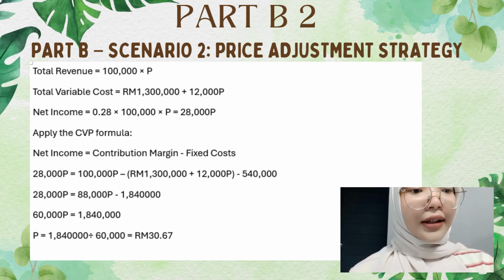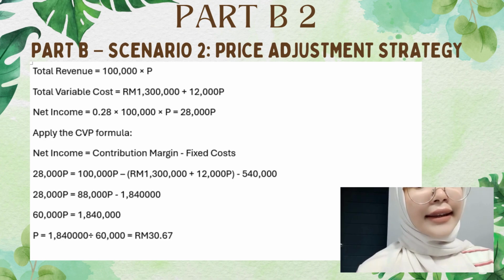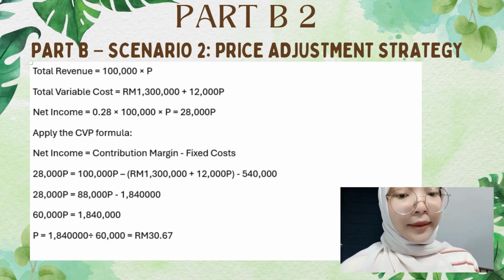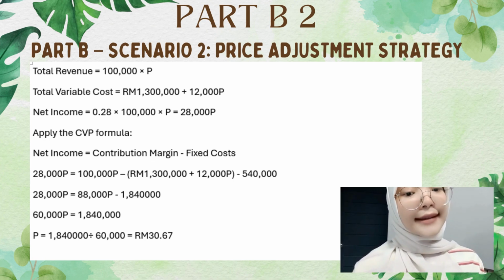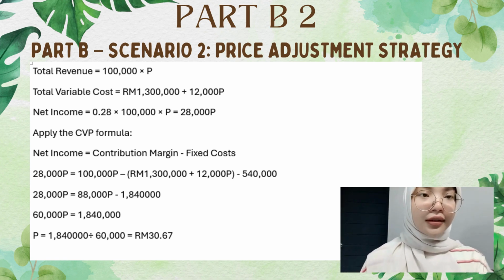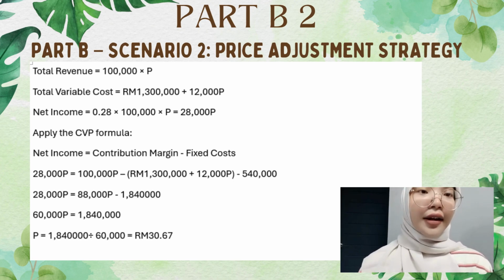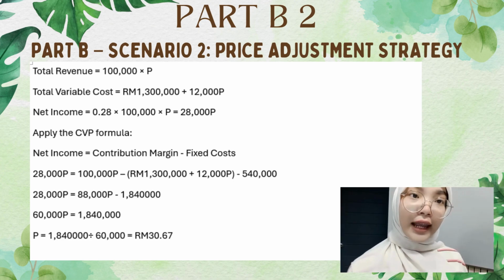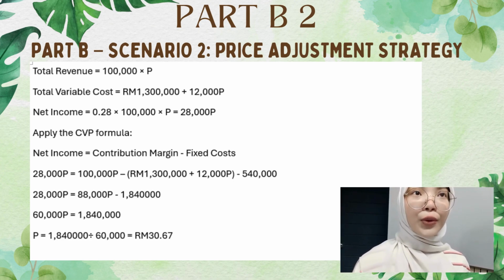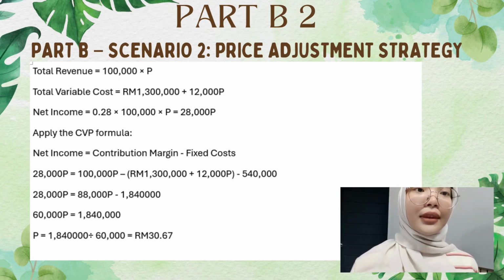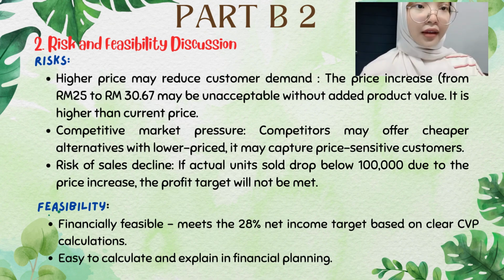And then the next one is apply the CVP formula: net income equals total revenue minus total variable cost minus fixed cost. Step 4 is simplify the equation, and we got an answer of RM 30.67. And then to achieve the target net income of 28%, the company must set the new selling price per unit at RM 30.67.